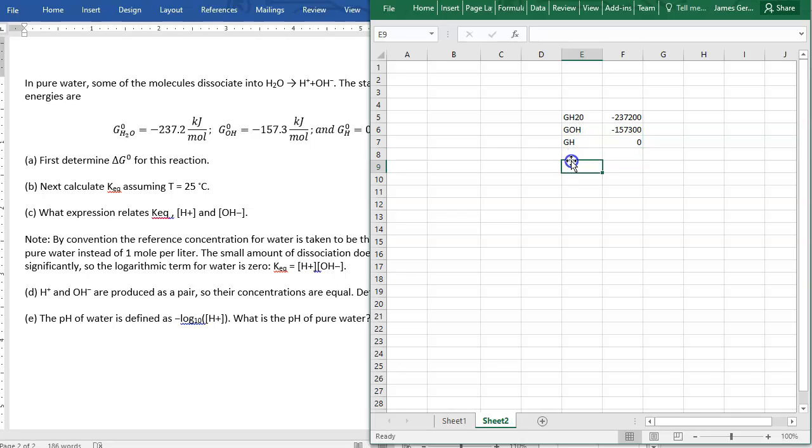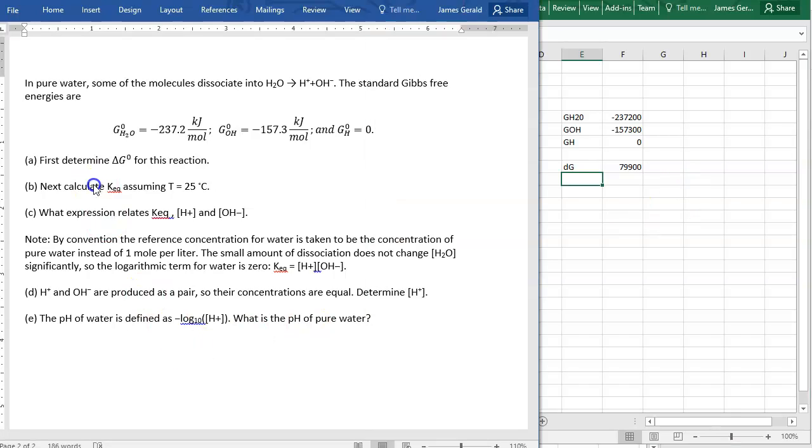If we want the change in Gibbs free energy, we take the sum of the products minus the sum of the reactants, and we get the change in free energy for this system is 79,900. Next we have to calculate KEQ.